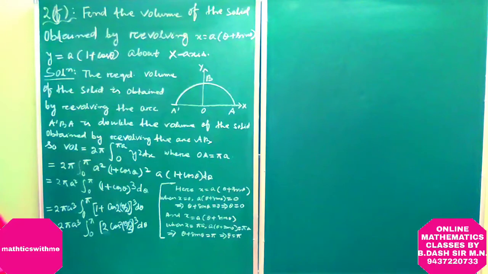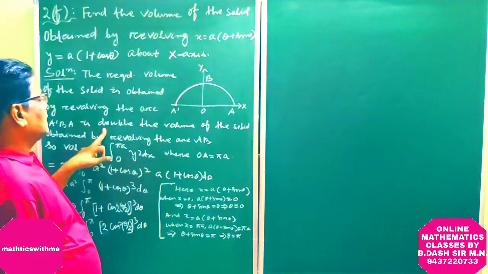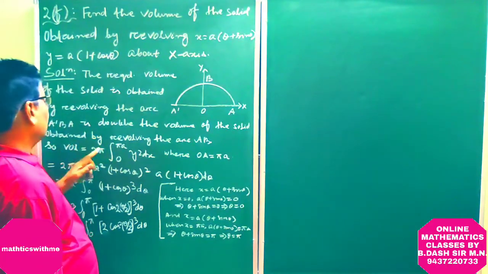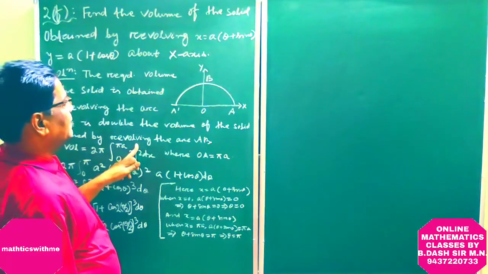Now the solution. The required volume of the solid is obtained by revolving the arc A'BA, which is double the volume of the solid obtained by revolving the arc AB.